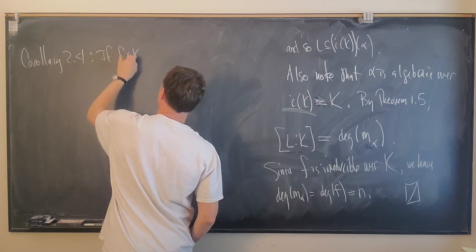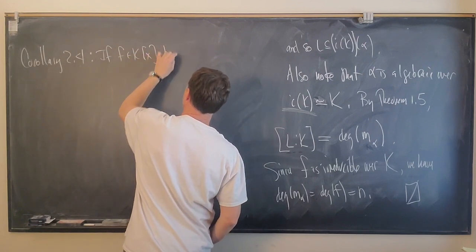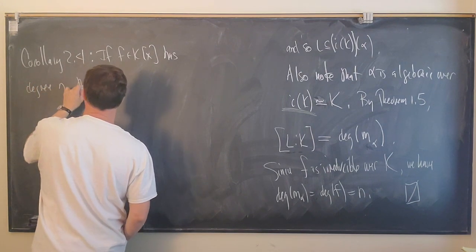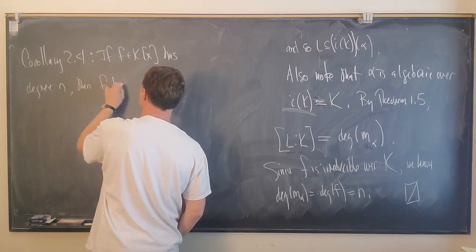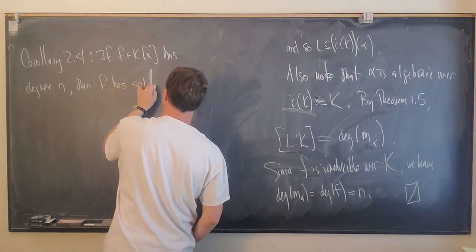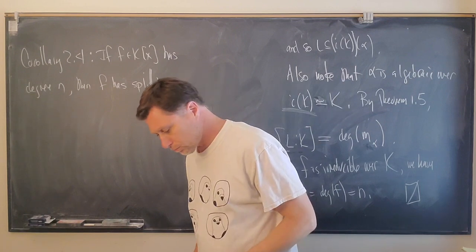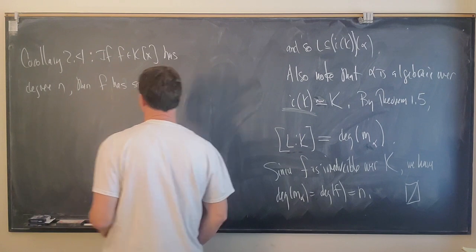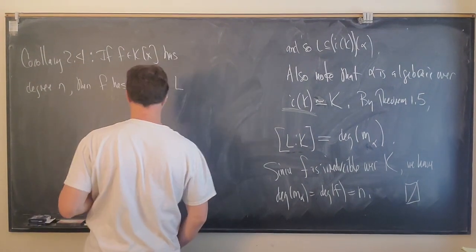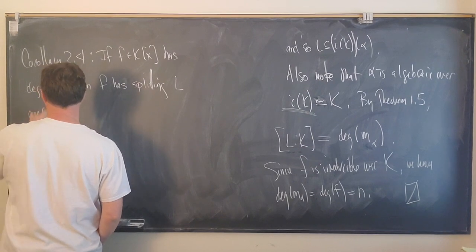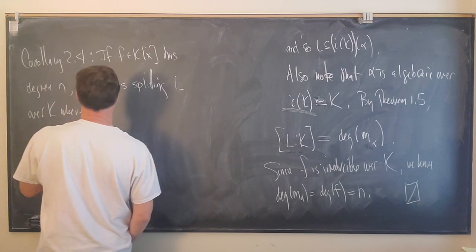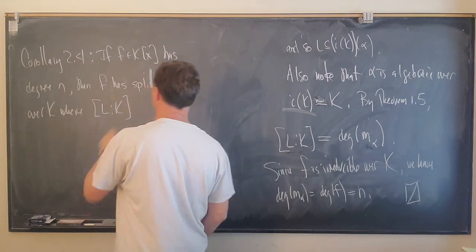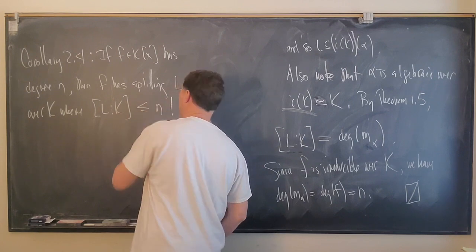If f in k bracket x has degree n, then f has a splitting field, say L over k, where the degree of this extension is less than or equal to n factorial.